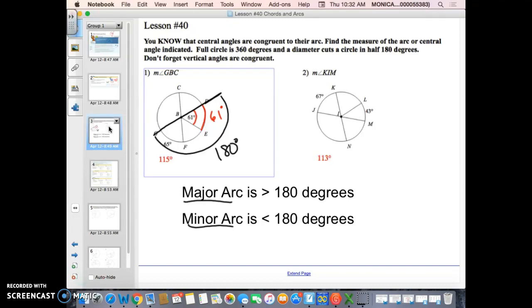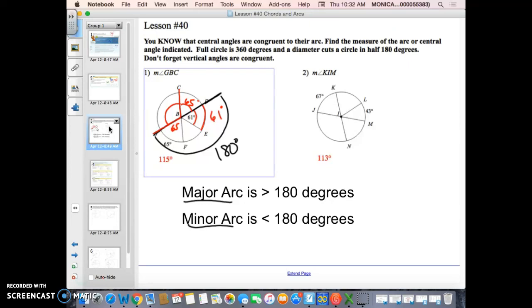All right, so we want to find GBC. GBC is this angle right here. That's what we want to find. We know that this is 65 degrees, which means we can also indicate that this angle over here, because they're vertical angles, is also going to be 65 degrees.